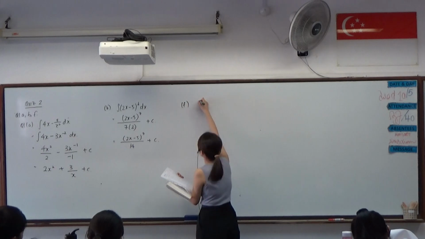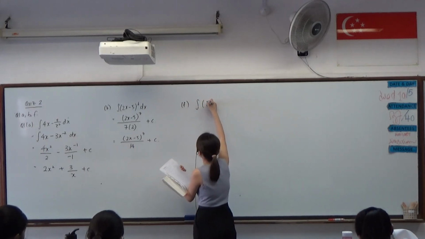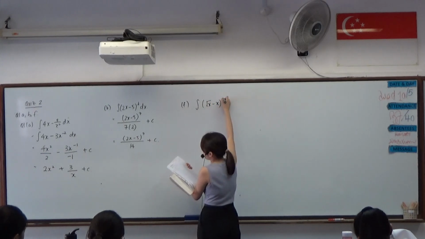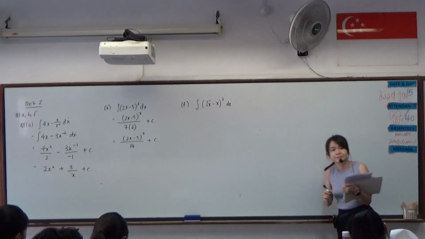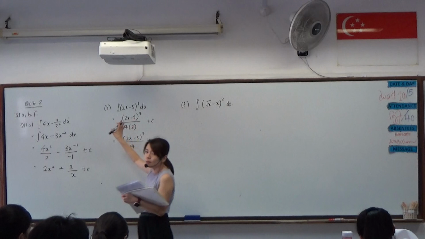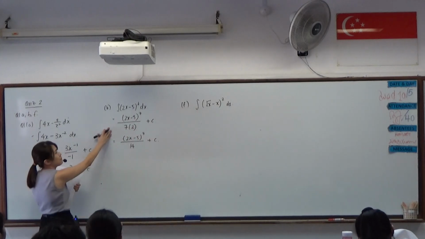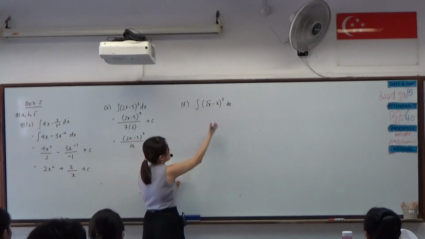This is in contrast to your part F, which is to integrate square root x minus x squared with respect to x. For part F itself, you cannot apply the same manner that you did in part B to the question. You cannot power plus 1 and so on.